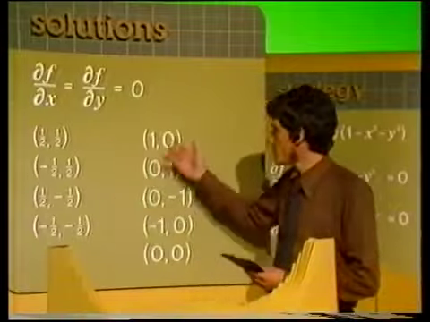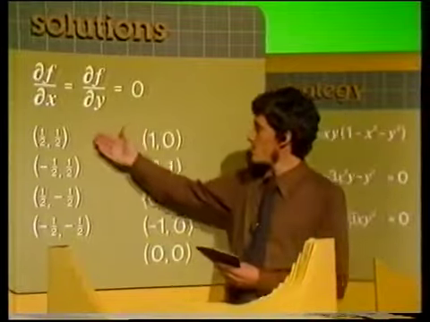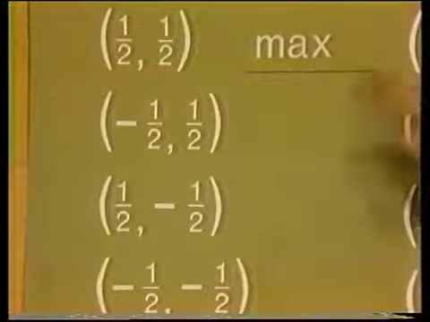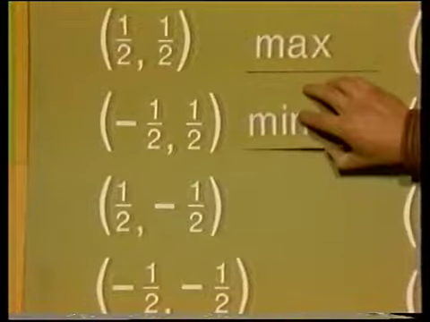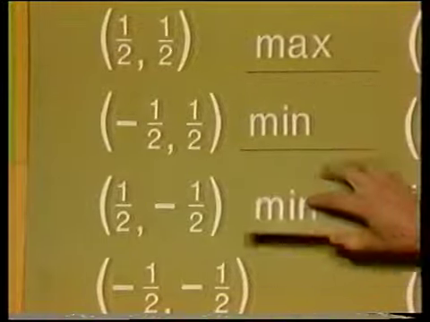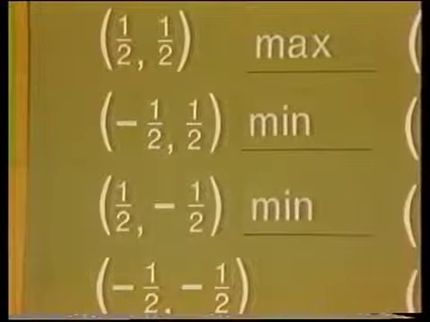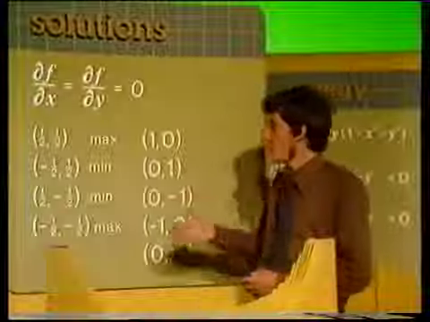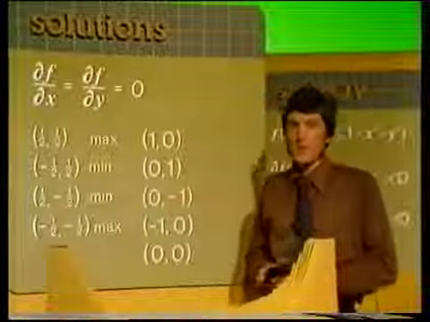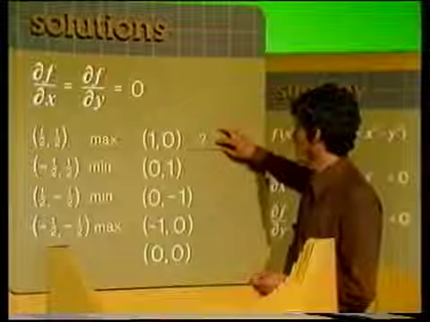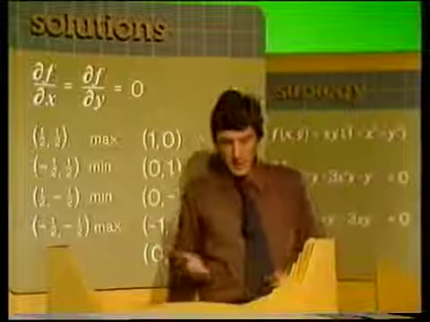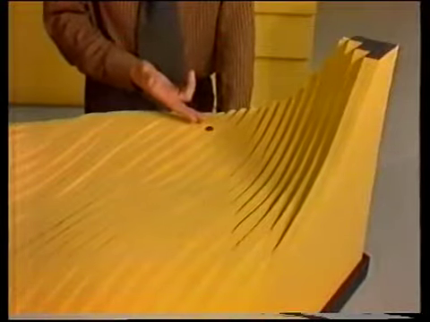Among these solutions, there are 4 stationary points inside the circle, so I can classify these immediately. Well, what about these other 5 solutions? Let's take a look at this one. Now that's this point here on the model.